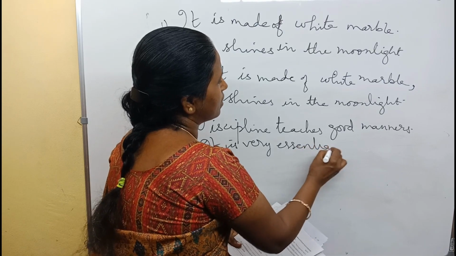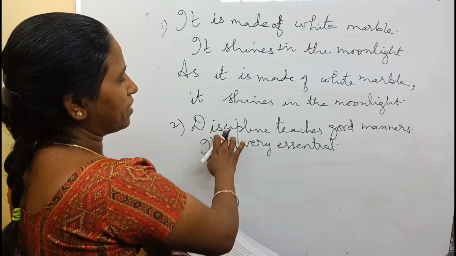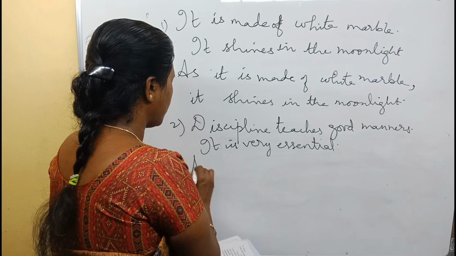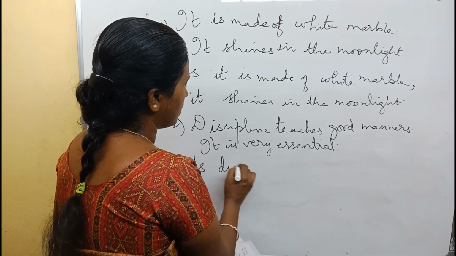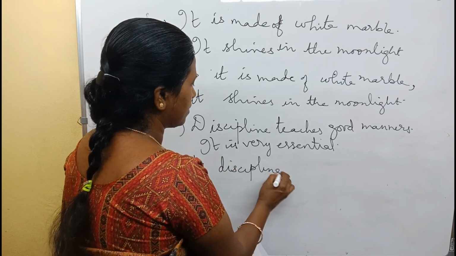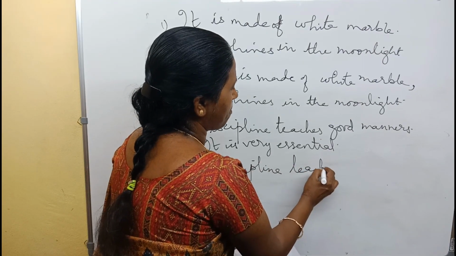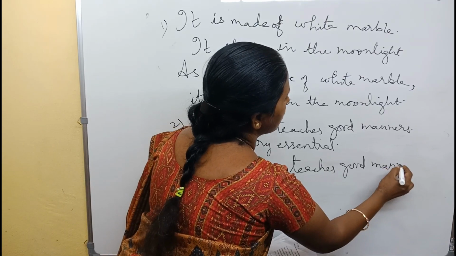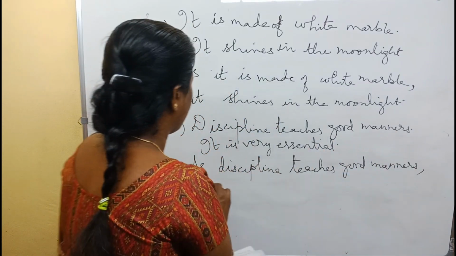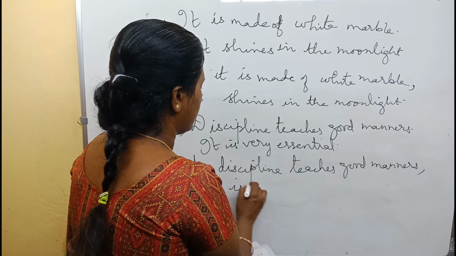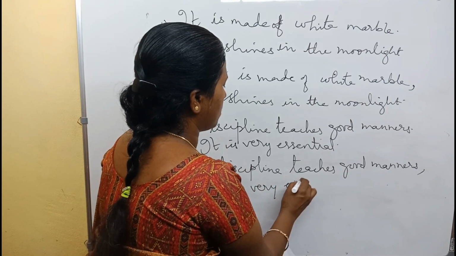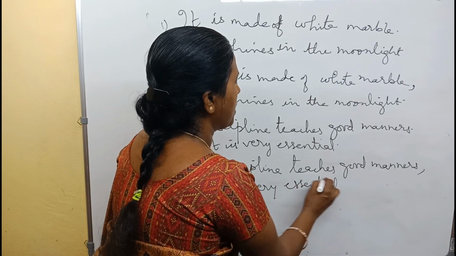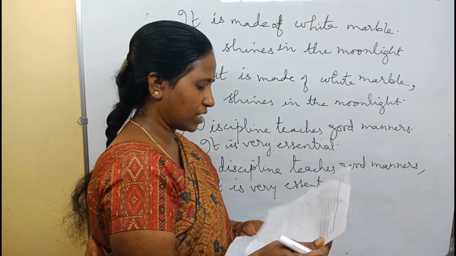Okay, what is the reason? Yeah, the reason is as discipline teaches. As discipline teaches good manners, comma, it is very essential. Okay, this is all easy. These are all very easy.